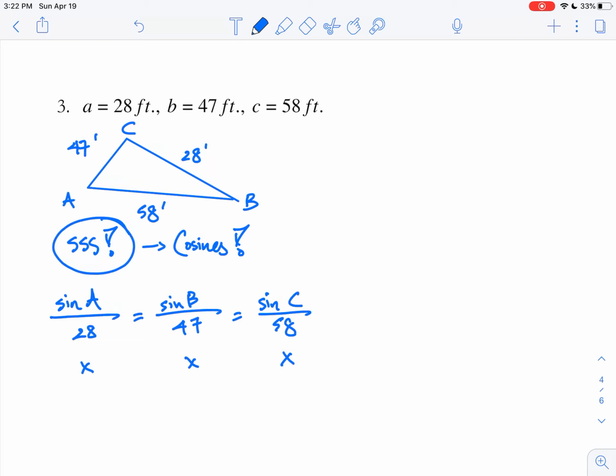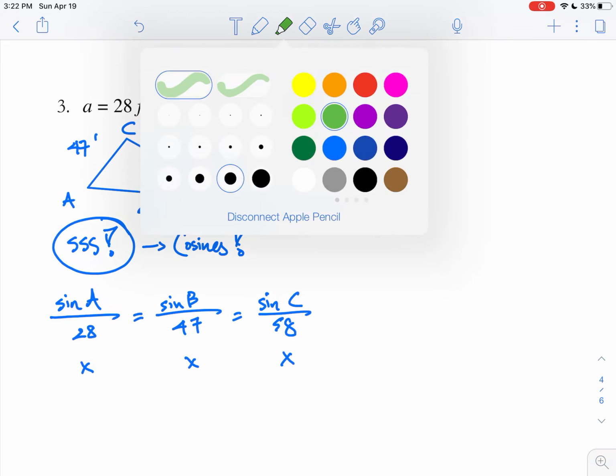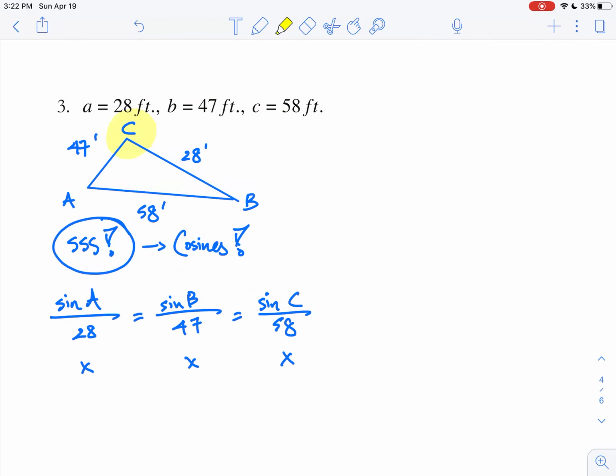And when I use my law of cosines, I really like to find the biggest angle first. So I'm going to go ahead and find angle C because it's opposite the longest side.